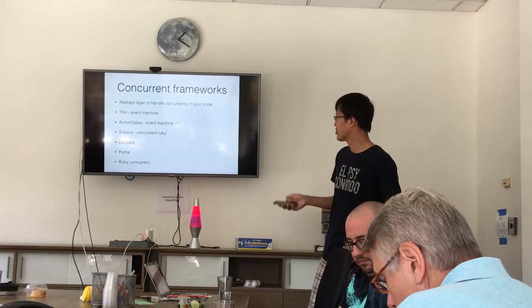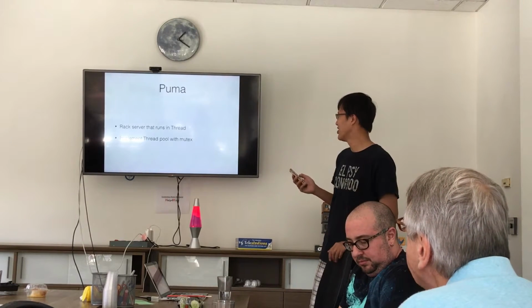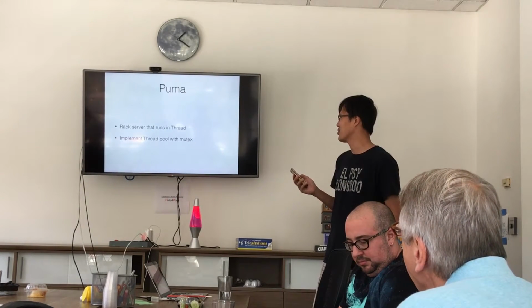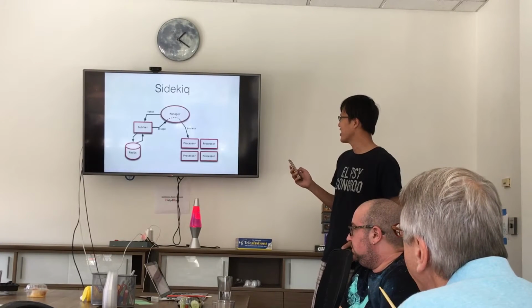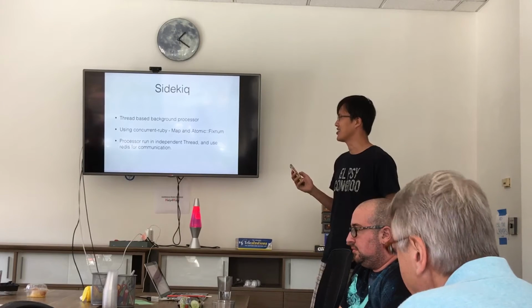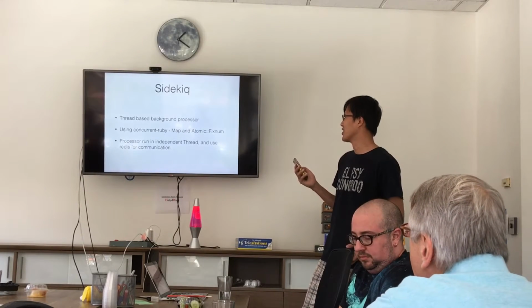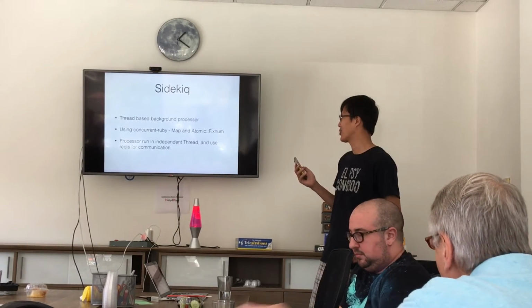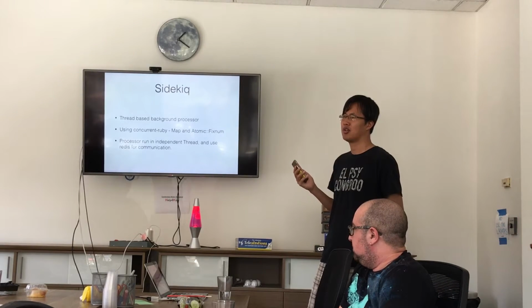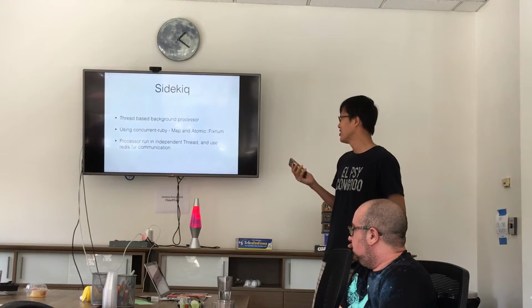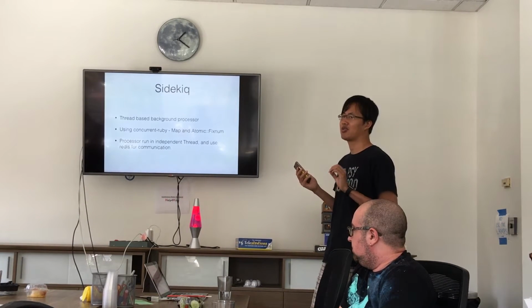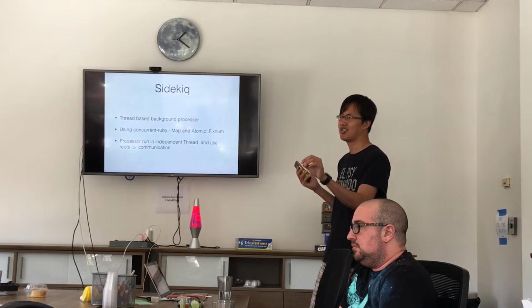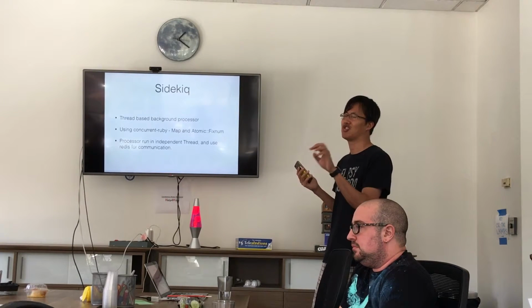So we'll just go over them. Puma is a Rack server that runs threads and implements a thread pool with a mutex lock. Sidekiq is a thread-based background processor. They use concurrent Ruby with the map and atomic fixed data structures to implement thread safety. Each processor runs in an independent thread, and what a processor does is load things from Redis, so they use Redis as shared memory.